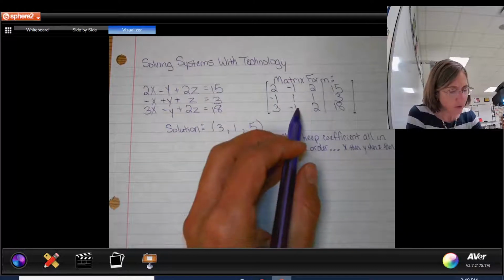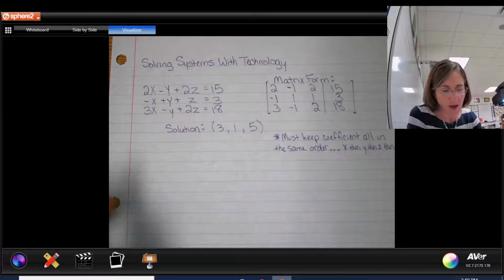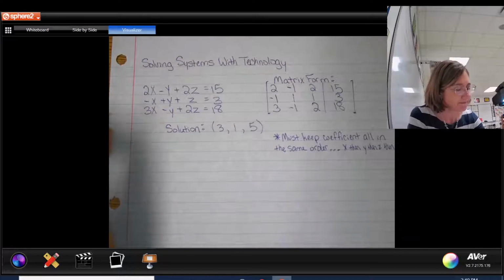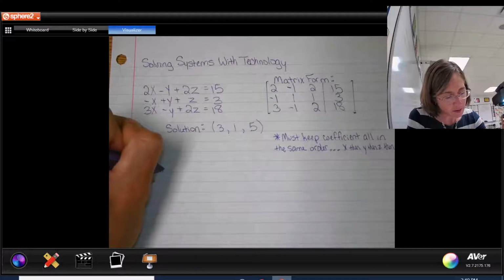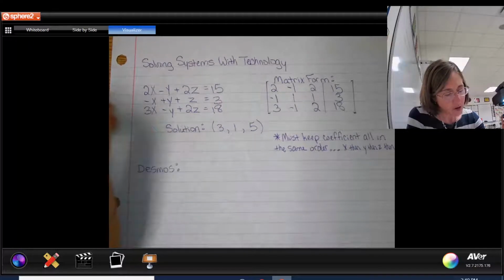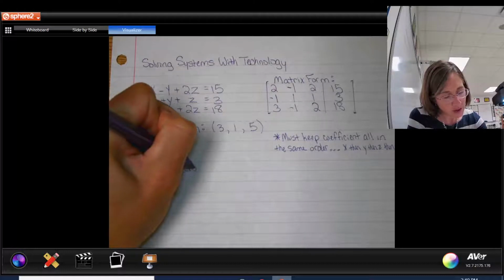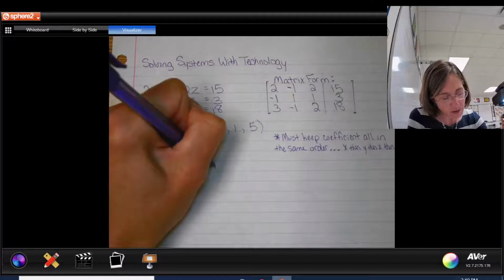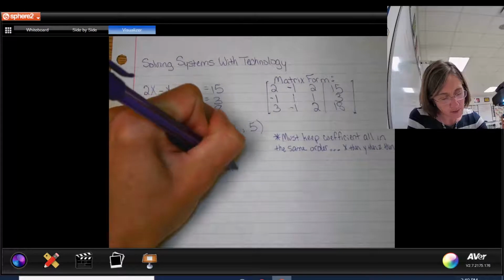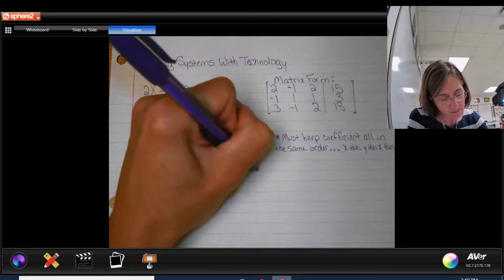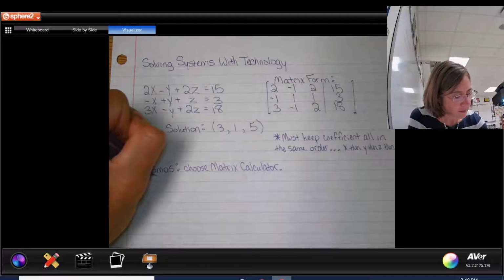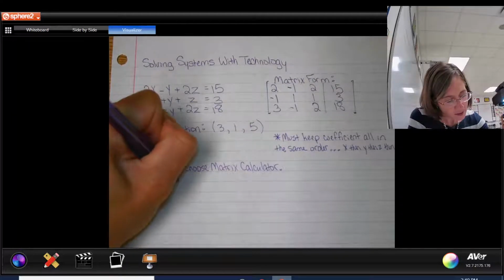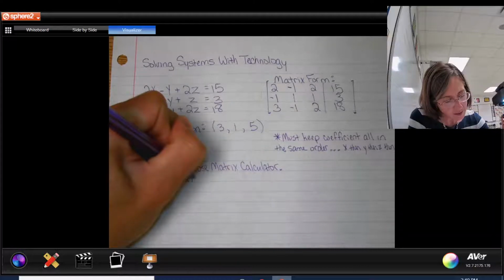So what we see when we put this into Desmos is, well, actually, let me write down the steps first. So Desmos, we choose the matrix calculator. Set the matrix size.